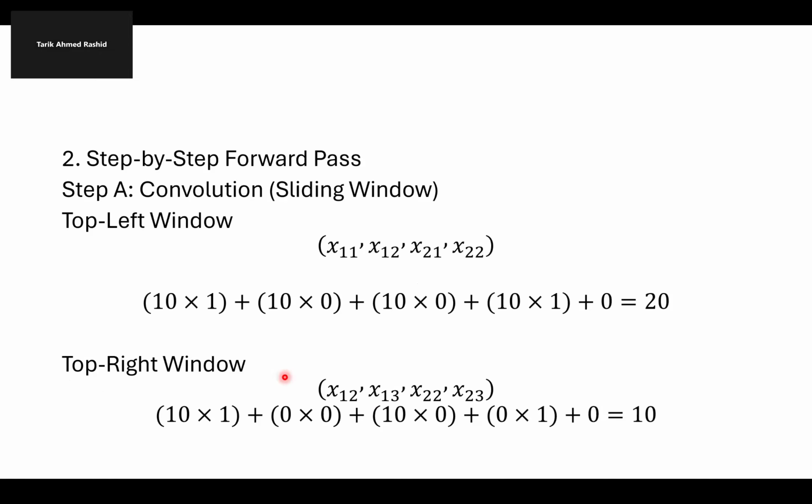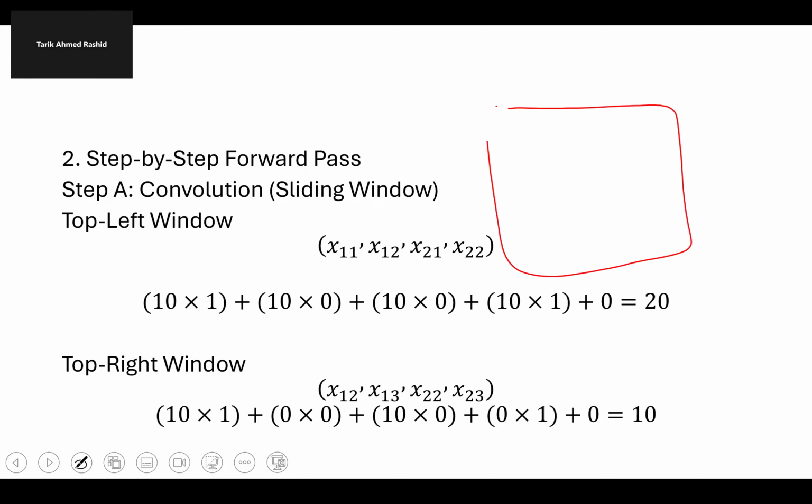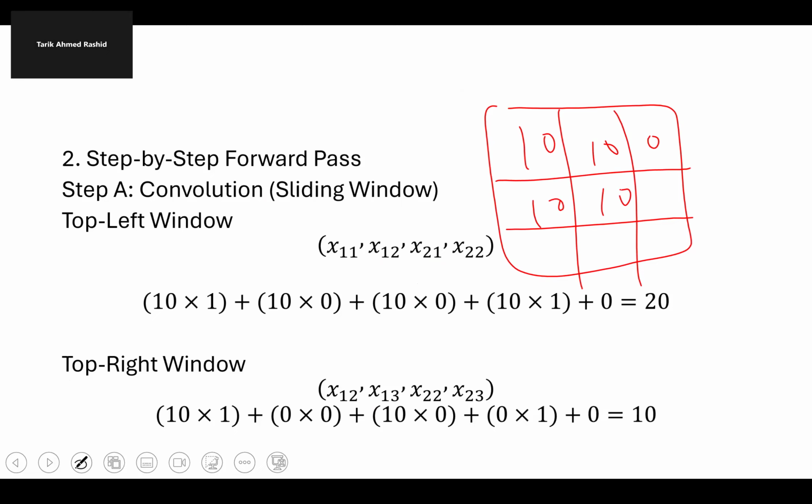So if we have the image as it was given earlier, 10, 10, 0, 10, 10, 0, 0, 0, 0, and the filter was 1, 0, 0, 1.